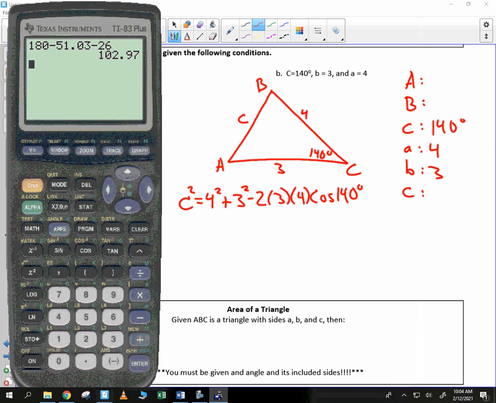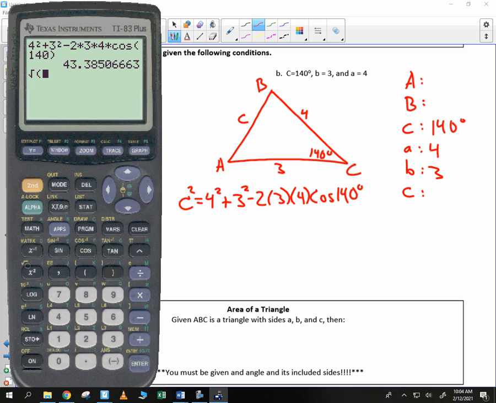Again, I think all the calculators that we use up here should be able to have these plugged in. 4 squared plus 3 squared minus 2 times 3 times 4 times the cosine of 140. And you should square root your answer, and you should get 6.59.